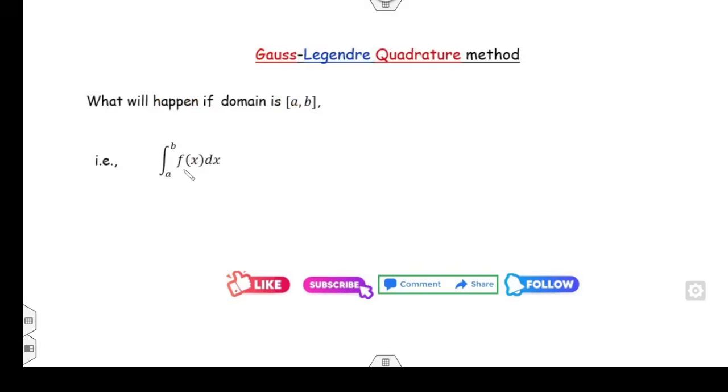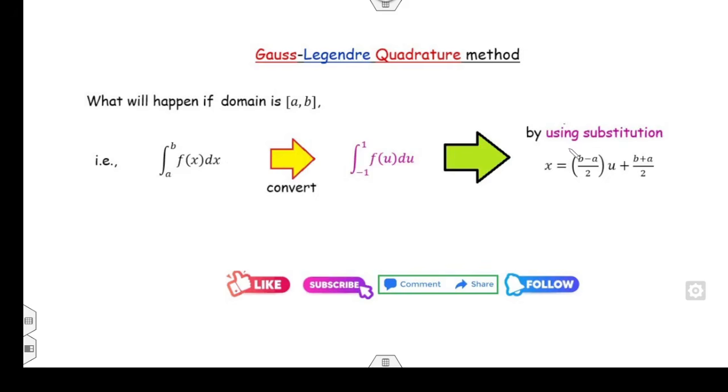But if your domain is from a to b instead of -1 to +1, then your target is to convert the domain to -1 to +1. How can you change it? We can use a substitution, x is equal to (b minus a) divided by 2 times u plus (b plus a) over 2, where a and b are the lower and upper limits of the integral.